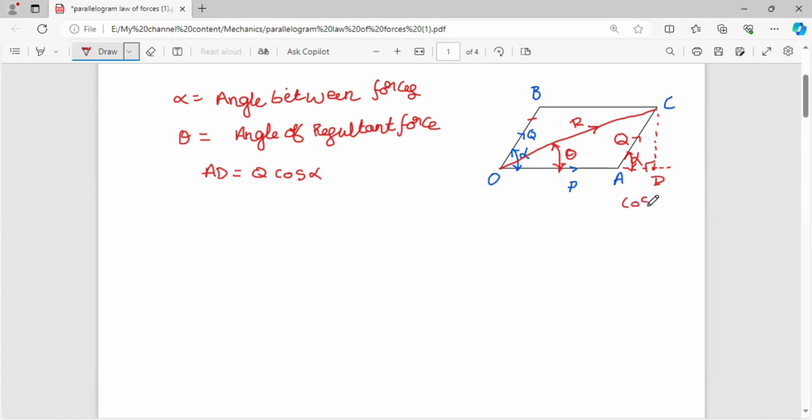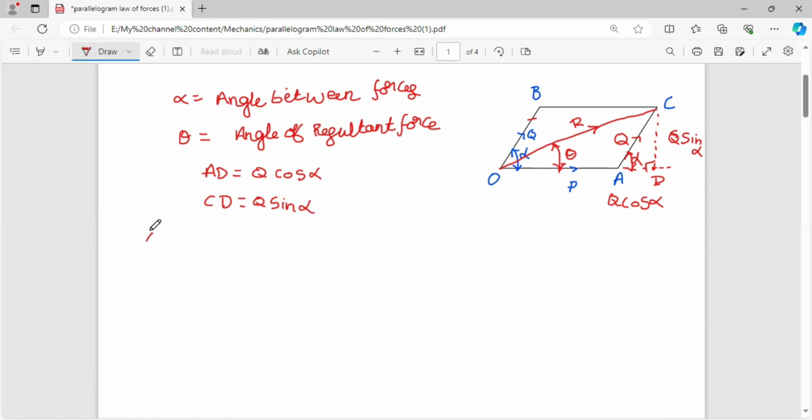It is the term Q cos alpha because it is the horizontal component, whereas the vertical component is Q sin alpha. That is nothing but CD equal to Q sin alpha.